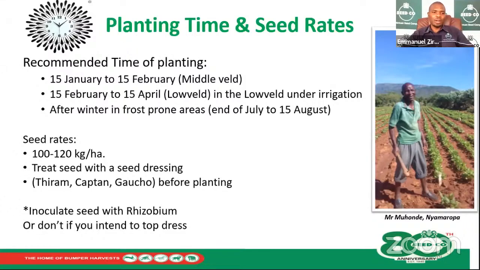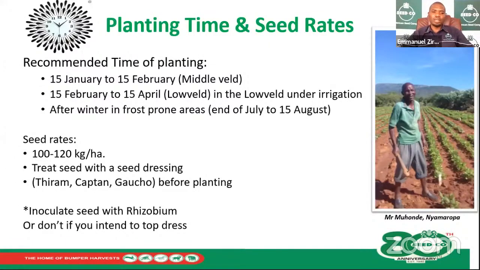Seed rates, we go now to seed rates. You need about 100 to 120 kgs per hectare, depending on the variety. You need to treat your seed before you plant to protect your seedlings from early pests and also from damping off and some fungal pathogens.